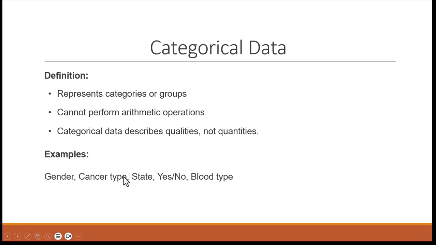For example, the cancer types of the cancer patients that can be breast cancer, liver cancer, brain cancer, or other types of cancer. We can also consider binary data such as yes or no or zero or one as categorical data.